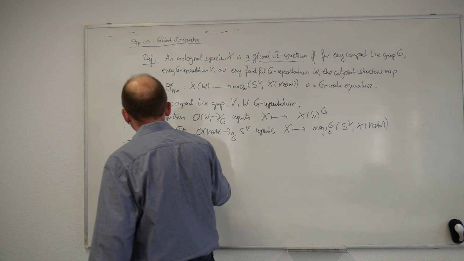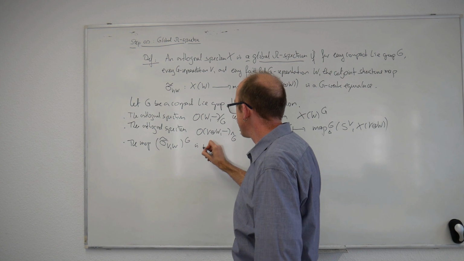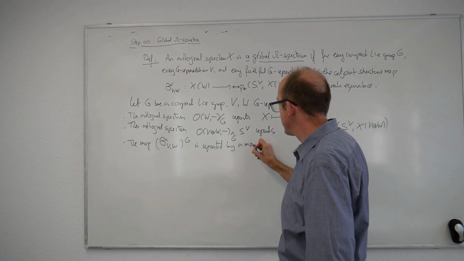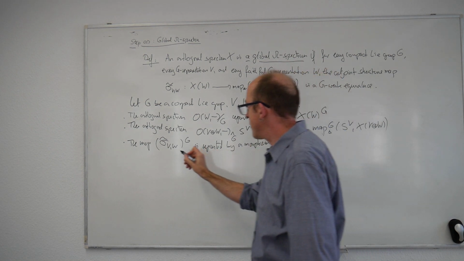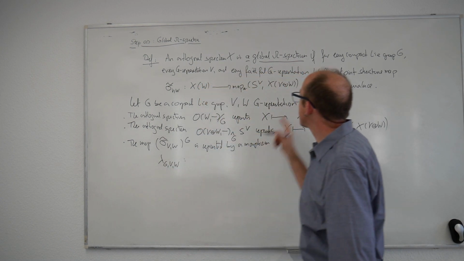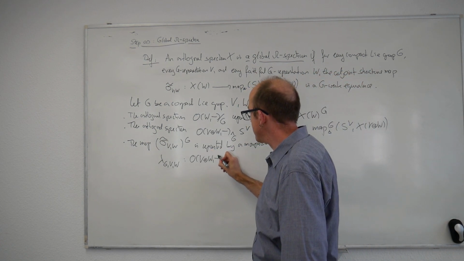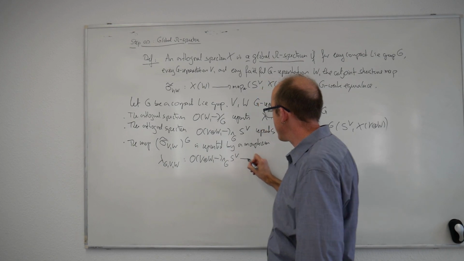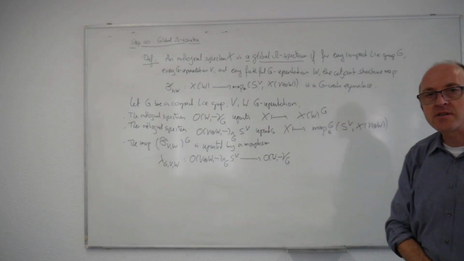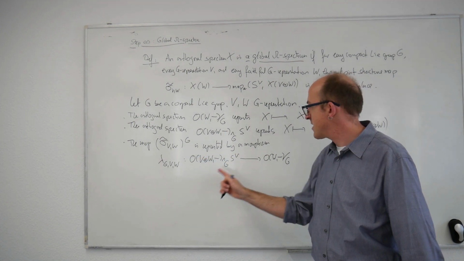So the map sigma tilde V,W up here, and then taking G fixed points, is represented by a morphism that I call lambda sub G, V, W, and it goes in the other direction, so it goes from O of V plus W smashed over G with S^V to O of W modulo G. And what is this morphism? Well, this is a represented spectrum and then taking orbits. So to define this, I just have to give you a special map.